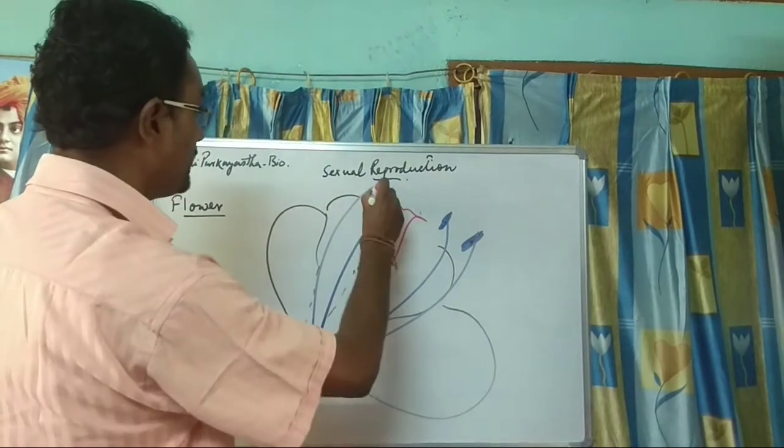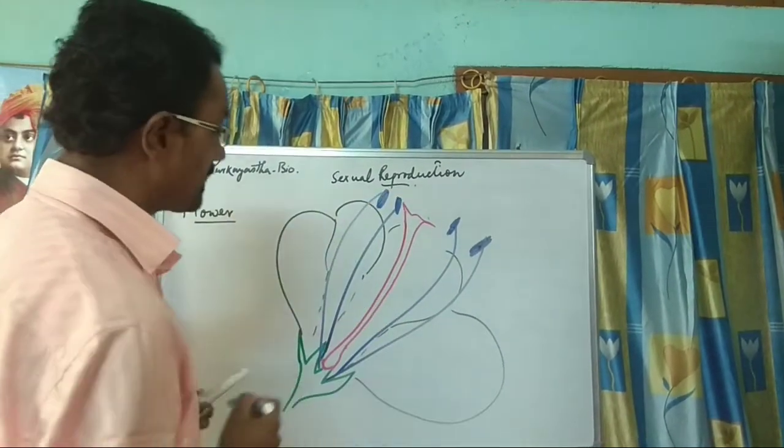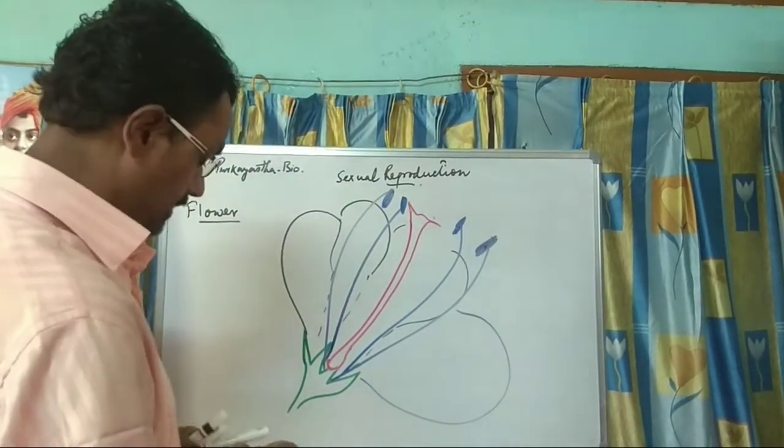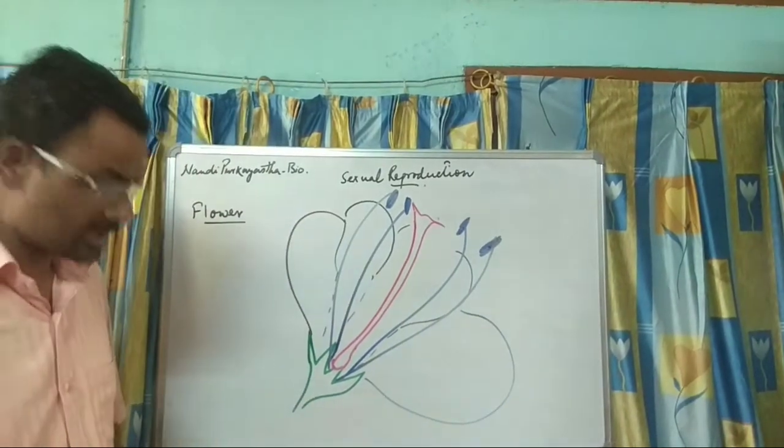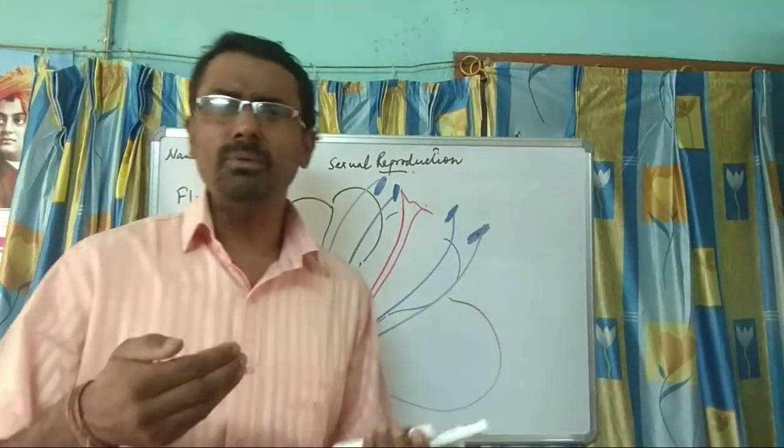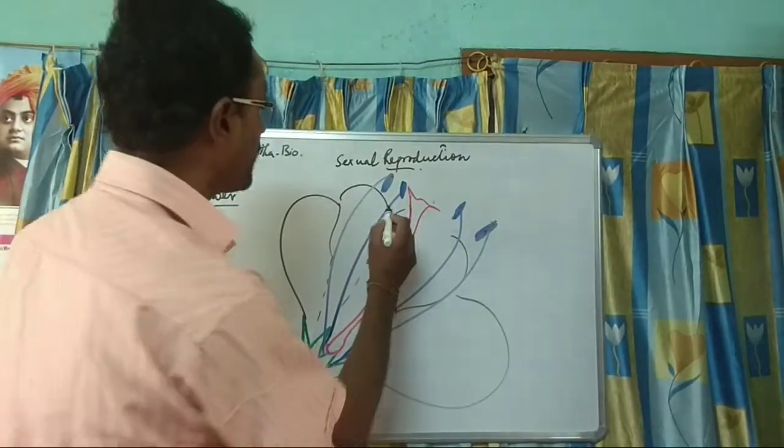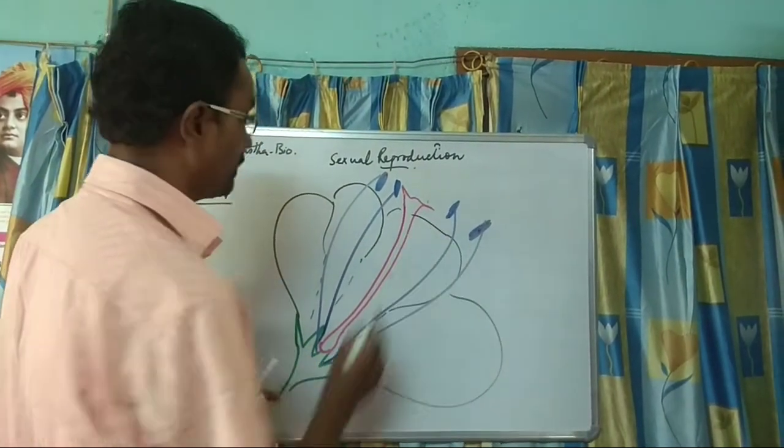Generally, you find a flower with all these parts, and it depends upon you how you have noticed the flower. That is the most important. How we notice a flower, and a flower has all these parts, and we will be knowing all this.